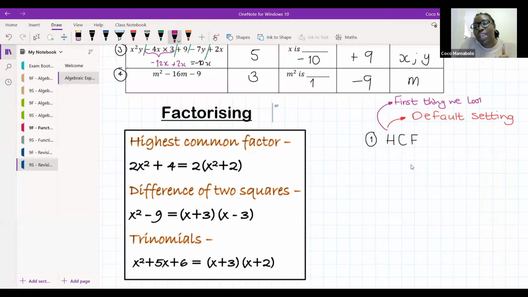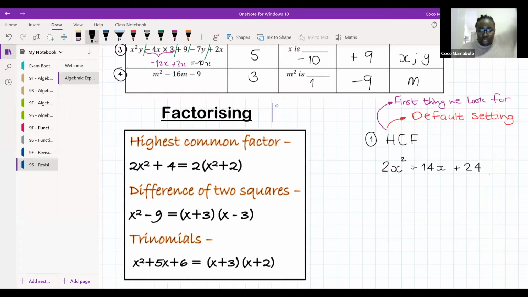Every single time, guys, we always start with looking for a highest common factor. I can tell you guys now, on Monday, my grade 9s were writing, and we gave them a sum that looks like this. We said 2x squared minus 14x plus 24. And everybody's hand shot up.